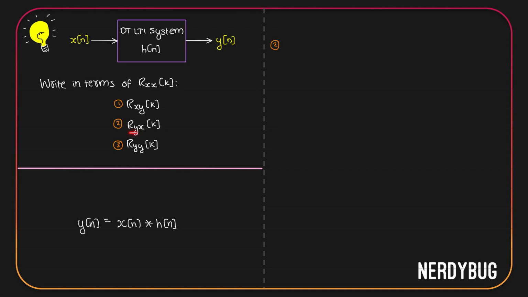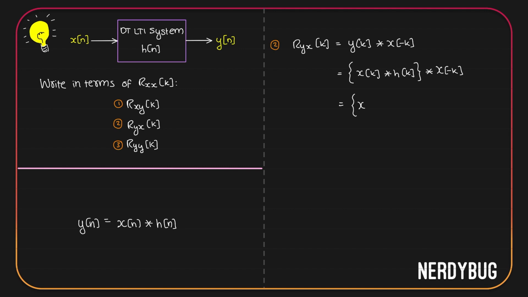Now we have to write ryx of k in terms of rxx of k. We know ryx of k can be written as convolution of y of k and x of minus k. But y of k is the convolution of x of k and h of k. Again, the order of convolution does not matter.